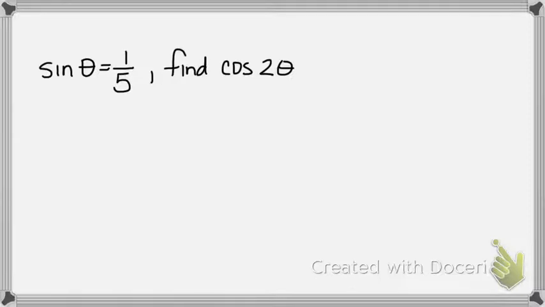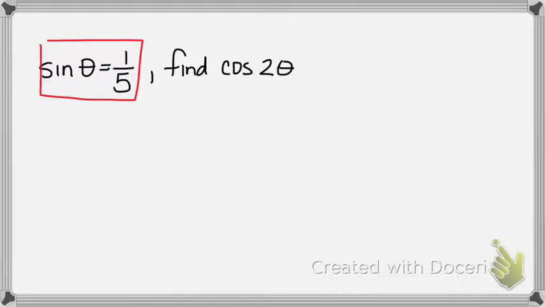When you look at your purple paper, there are 3 different choices that you can use to find the cosine double angle. But there is a choice that only uses the sine. So if I can find it without getting cosine, then that's the easier step to use.